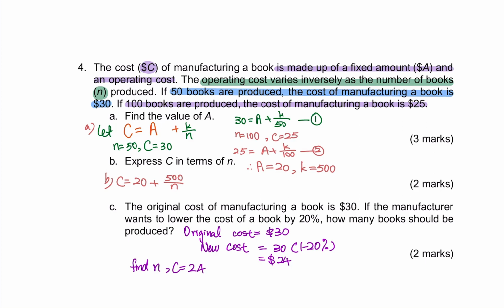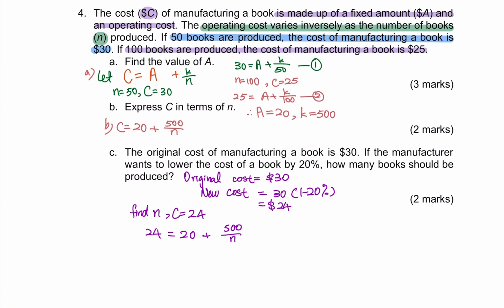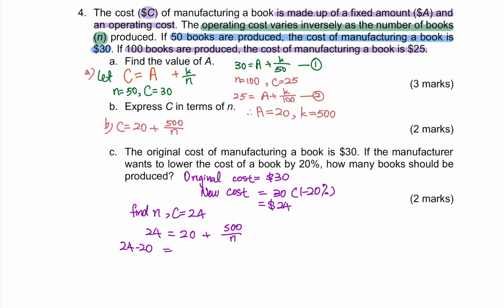Rewrite the equation first. So C is 24. 20 plus 500 over N. How do we calculate this? Move this 20 to the other side first, and you will be able to get 24 minus 20, and then 500 over N. Now this N is divided here.